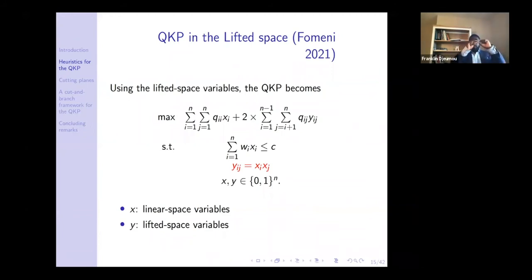We are just going to implement the dynamic programming in the space of lifted variables, which means that we will consider both the items individually, and also the edges in the graph represented by the problem, which means considering pairs of items in our dynamic programming. That's an algorithm that I developed recently.